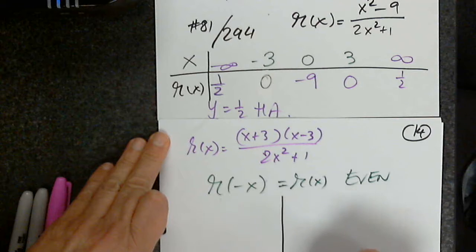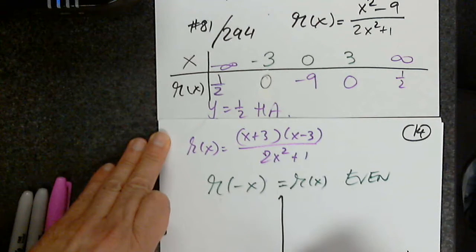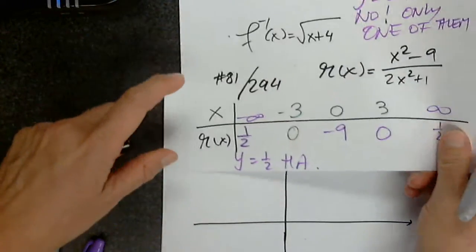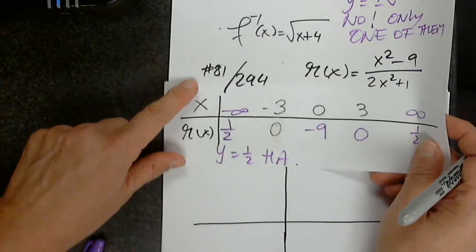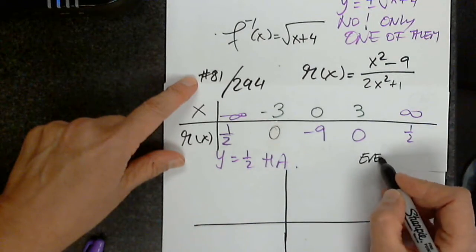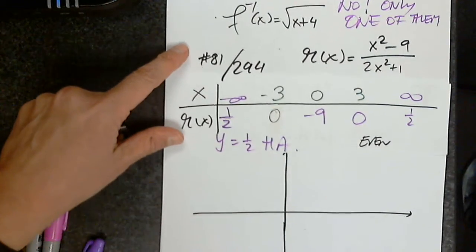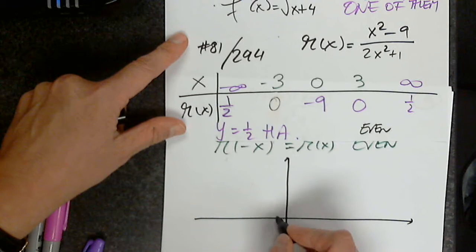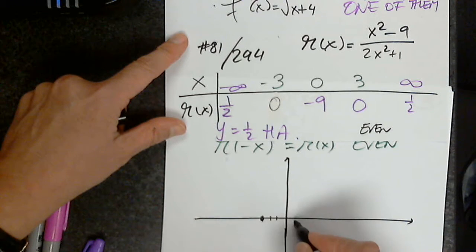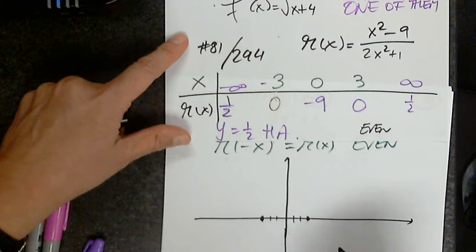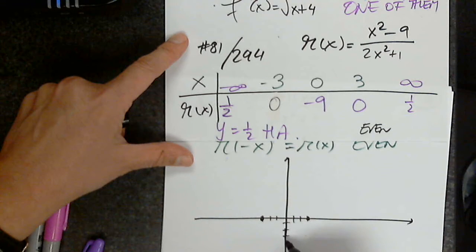So, I'm only looking at my chart. I don't care for anything else. I'm just going to put here even, and I have everything in there. So I have negative 3, 0, and 3, 0. And I have 0, negative 9, 1, 2, 3, 4, 5, 6, 7, 8, 9.